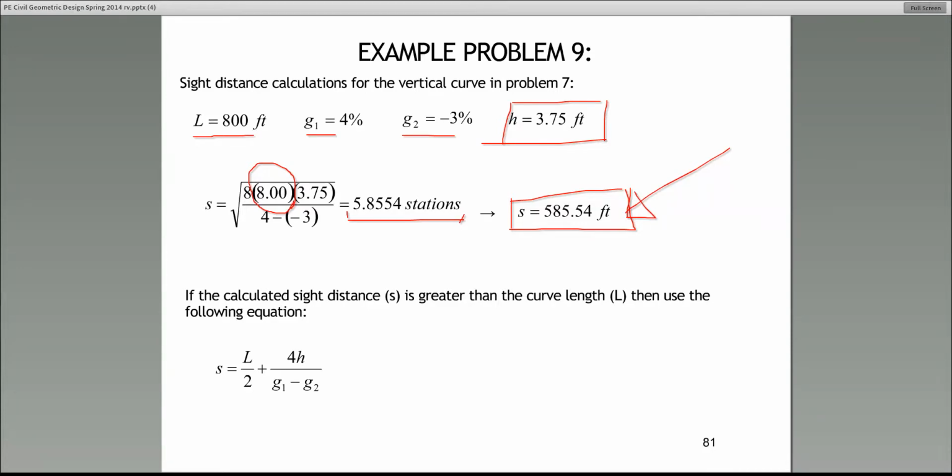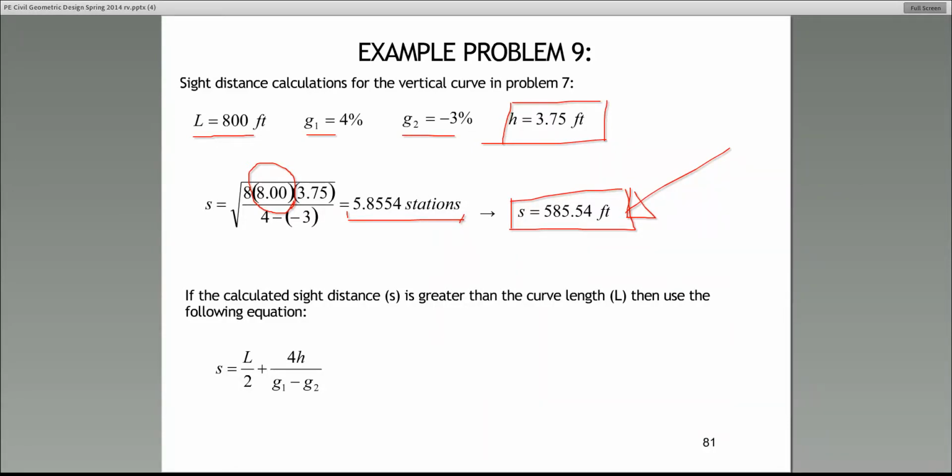The length of the curve is 800 feet, so we are fine. Now, what if this value came out to be higher than the design length of the curve? Then that vertical curve is not safe, and what you need to do is go back and increase the length of the curve to make it safe.